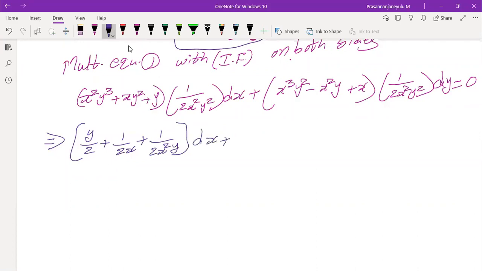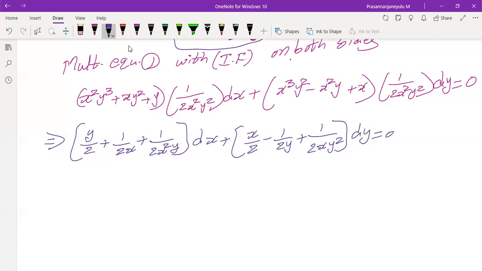Plus, what is the next term? The second term of the dy coefficient is x cube y square multiplied with 1 by 2x square y square, which becomes x by 2. Minus x square y multiplied with 1 by 2x square y square. Then finally we get 1 by 2y plus x by 2x square y square is 1 by 2xy square, into dy equals 0.